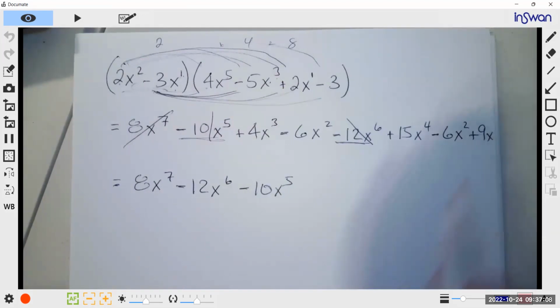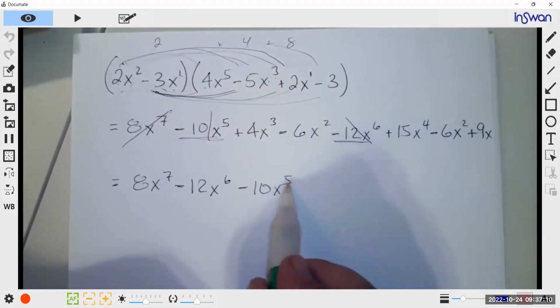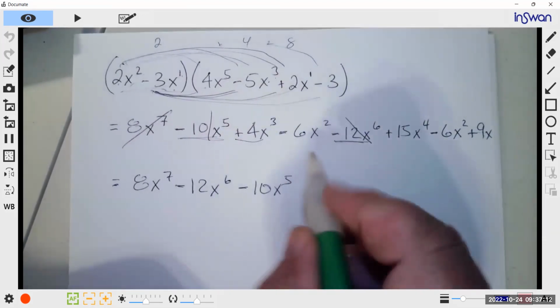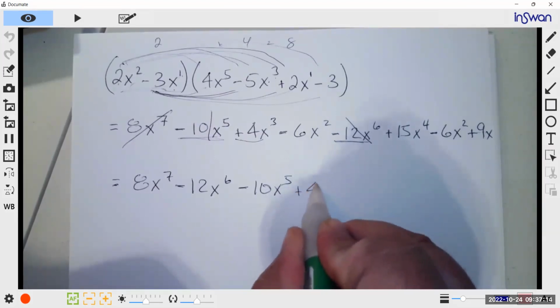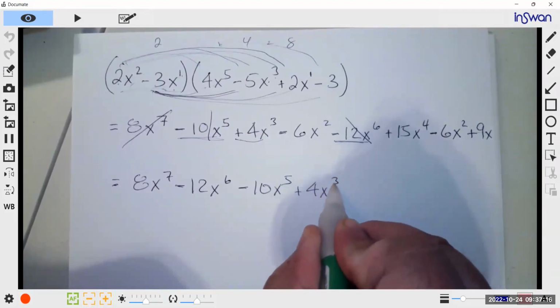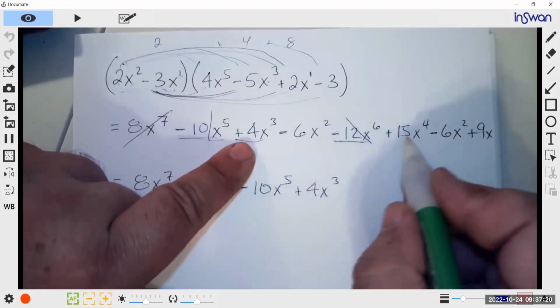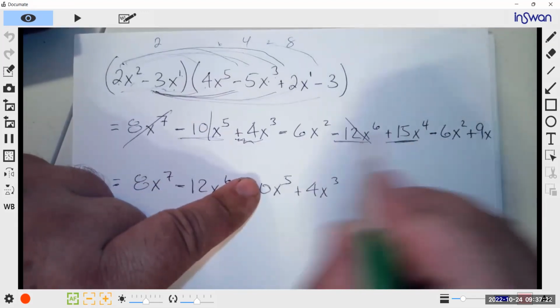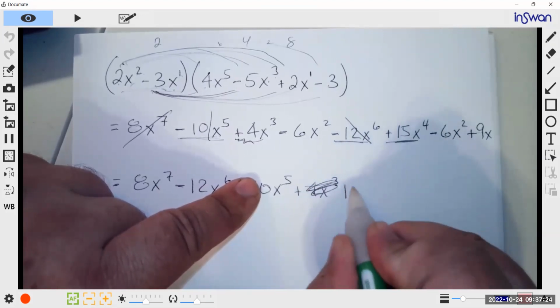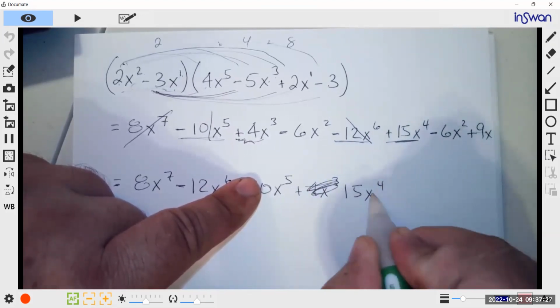There's no more x to the 5ths. How about x to the 4ths? Oh, no, I need the 4th. Here's a 4th. I have 15x to the 4th.